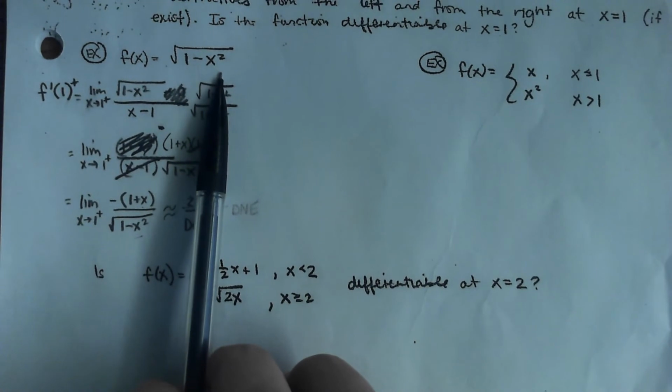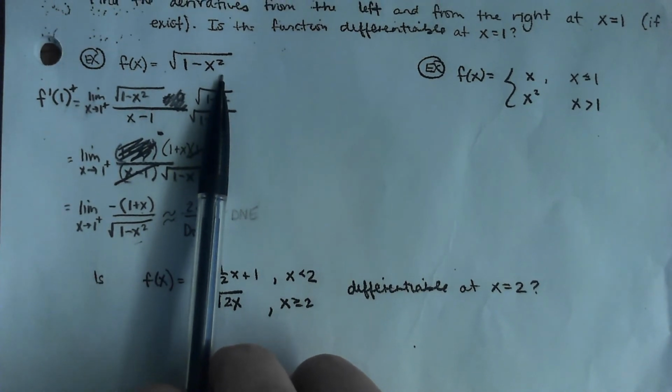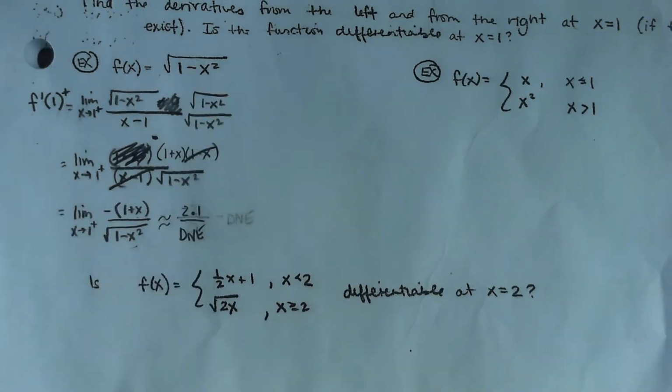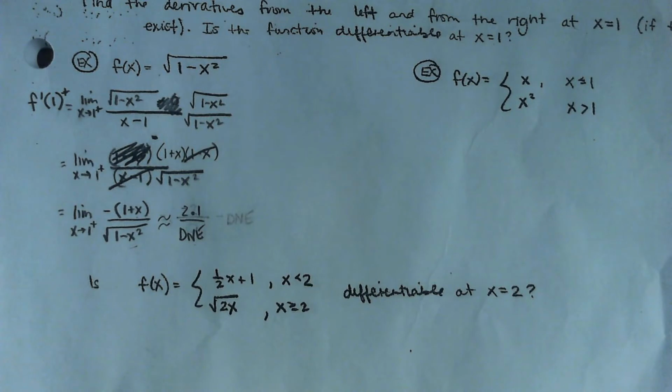Look at the original function. Can we all agree that the graph doesn't even exist to the right of 1? So there's no way to follow the pattern of the slope coming from the right if you can't come from the right. Do you follow that? So there is no derivative as you're approaching 1 from the right.